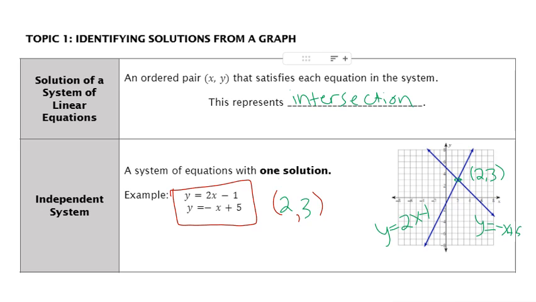If I was to put in 2 for x and 3 for y, you wouldn't have to do this for every problem, but just so you can see, it actually would work out for both equations. And so that would be a solution to the system.